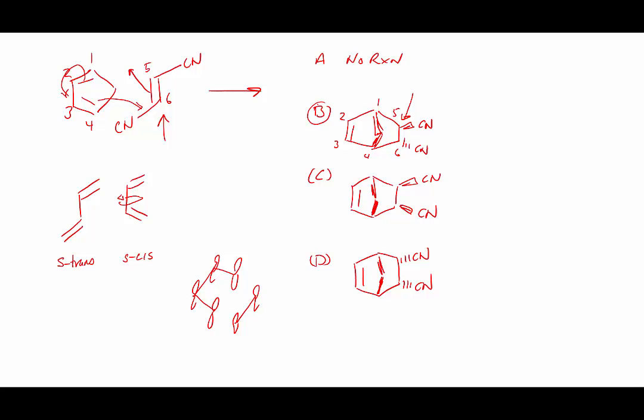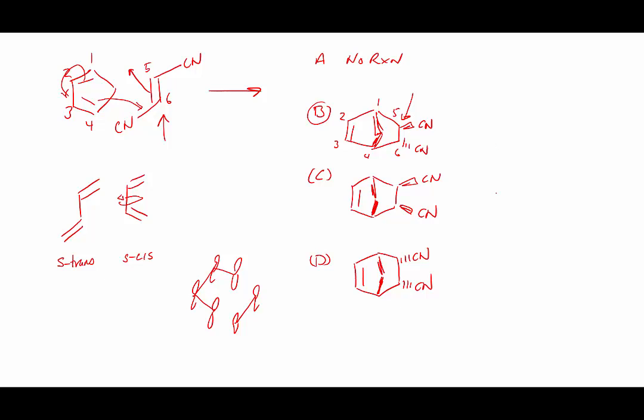The S-cis refers to the diene. So that question, if I would have started with a non-cyclic one, I could have gotten somebody saying no reaction. So that's the first issue. Then when we get to cyclic dienes where we do have the possibility of endo and exo, which one's endo and exo of C and D?